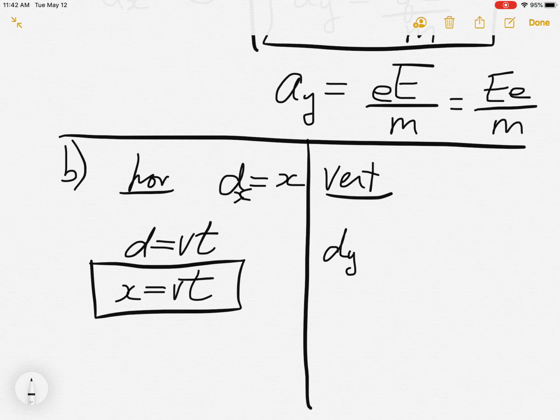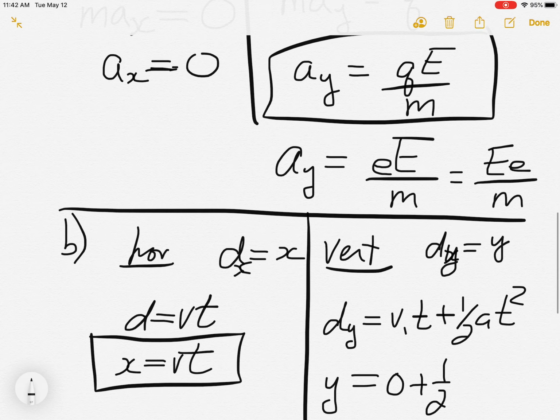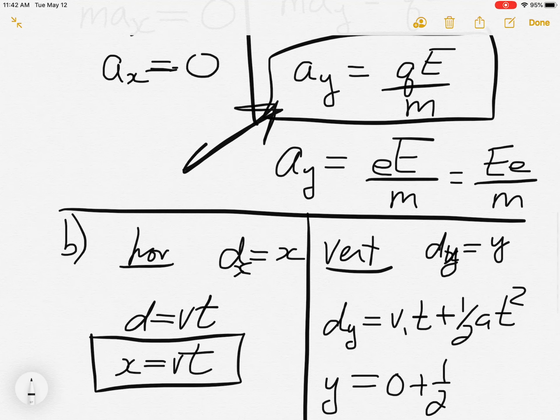For the vertical, there is an acceleration because, as we saw, here it is, the vertical acceleration. So if there's an acceleration, then the vertical dy will have to be the acceleration equation. And then we'll just call this y, just like they called the dy, is just called y, so that's not a big deal. What's the initial vertical velocity?